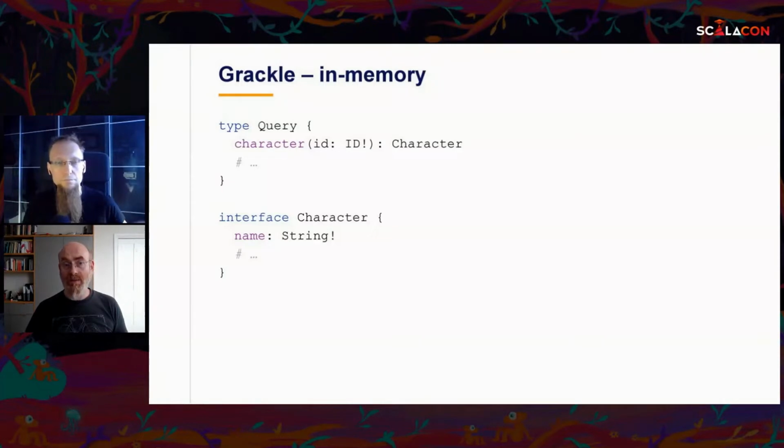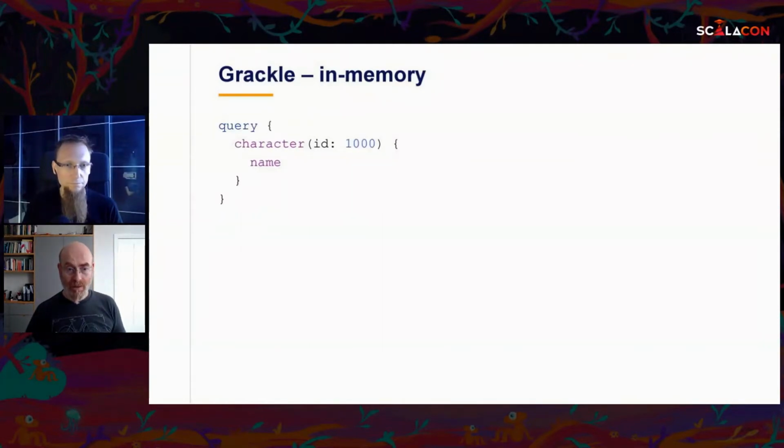As we can see, it's provided with an ID argument, and it will return a single character. All that we need to see here is this one top level method and the name field of character. This is the query we're going to walk through. We're just asking for the character with ID 1000 and their name.